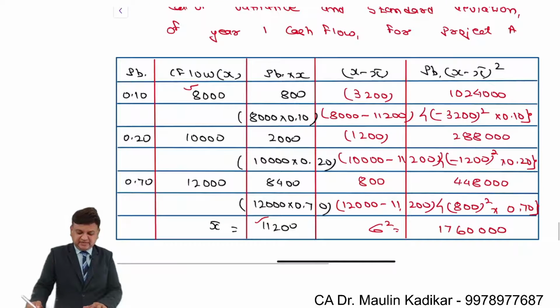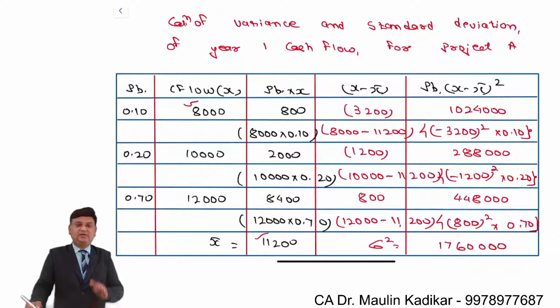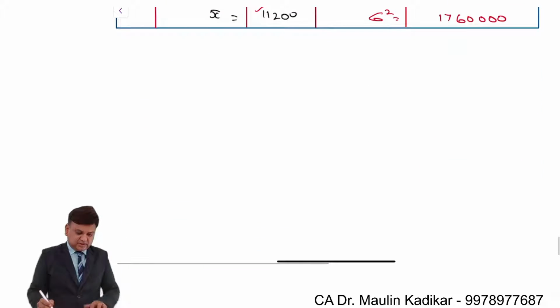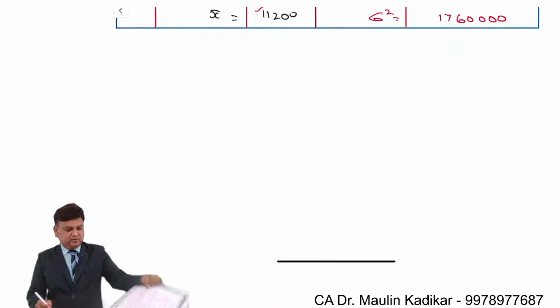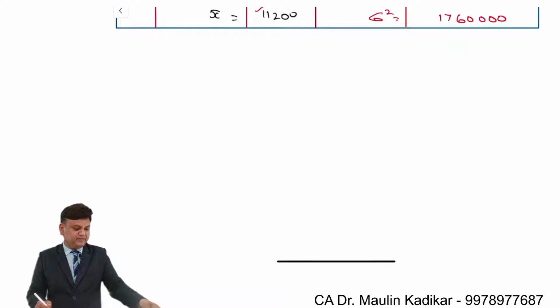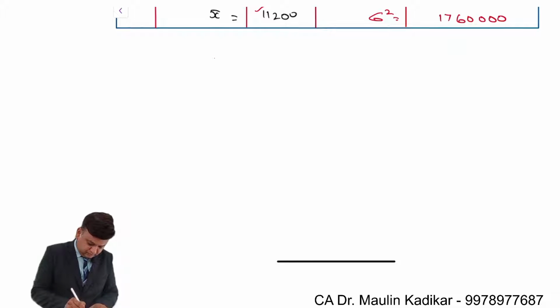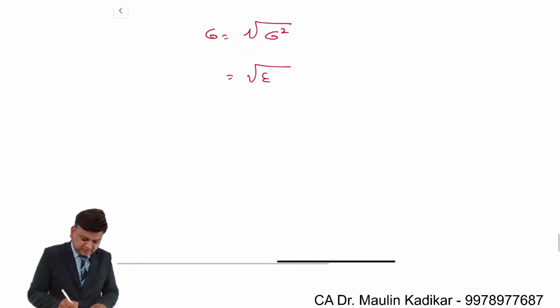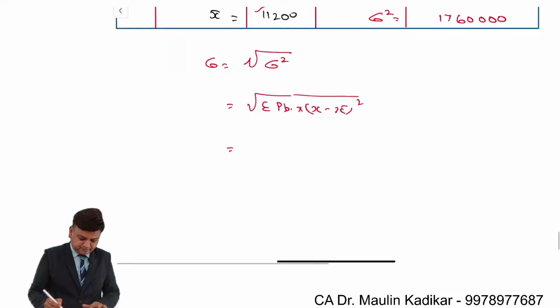Dear students, as far as the variance is concerned, it is calculated in square term. This is what we have, a kind of unit. The question further says that you are required to make the computation of the variance and also the standard deviation. So standard deviation is under root of the variance. So it is under root of summation probability into x minus x bar whole square.